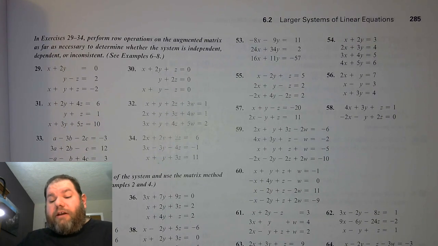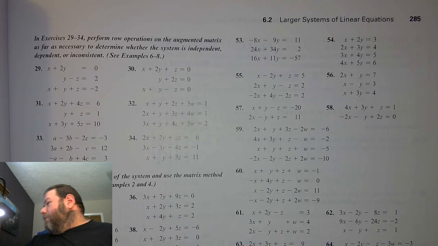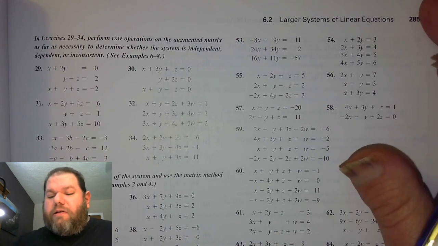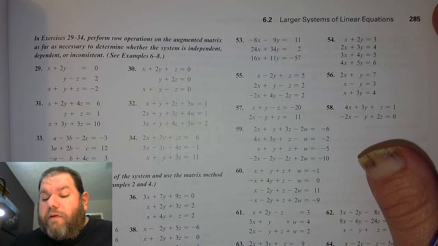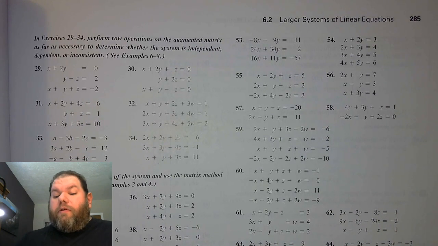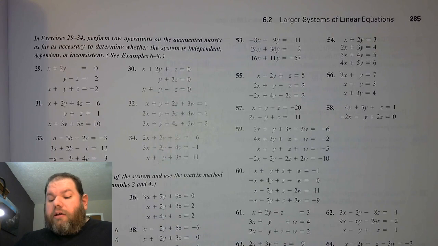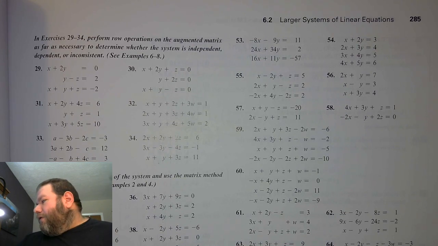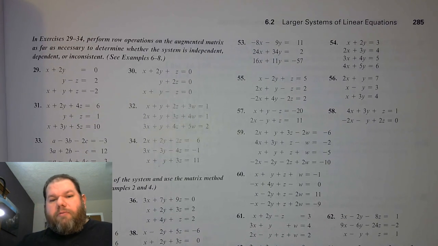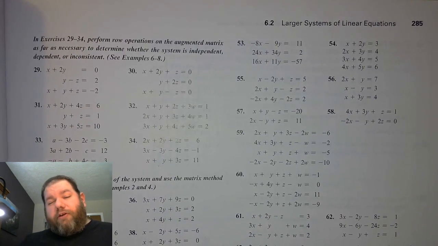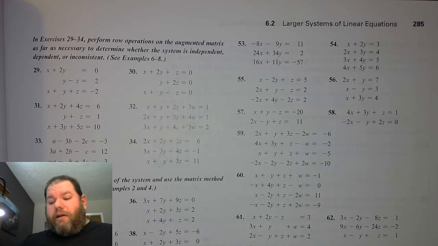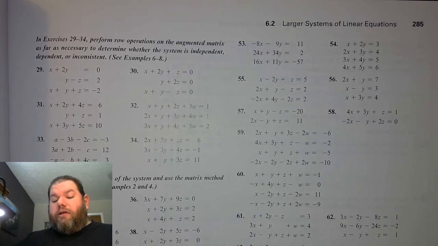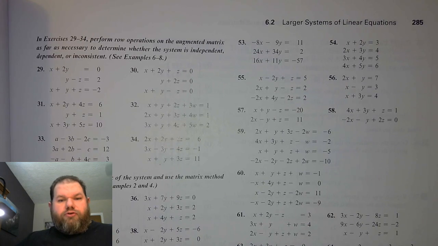Okay, we're on page 285. This is section 6.2. Now, what type of matrices are you working with? Three equations with three variables, or are you going up to four variables? I'm just curious what I should try to focus on here.